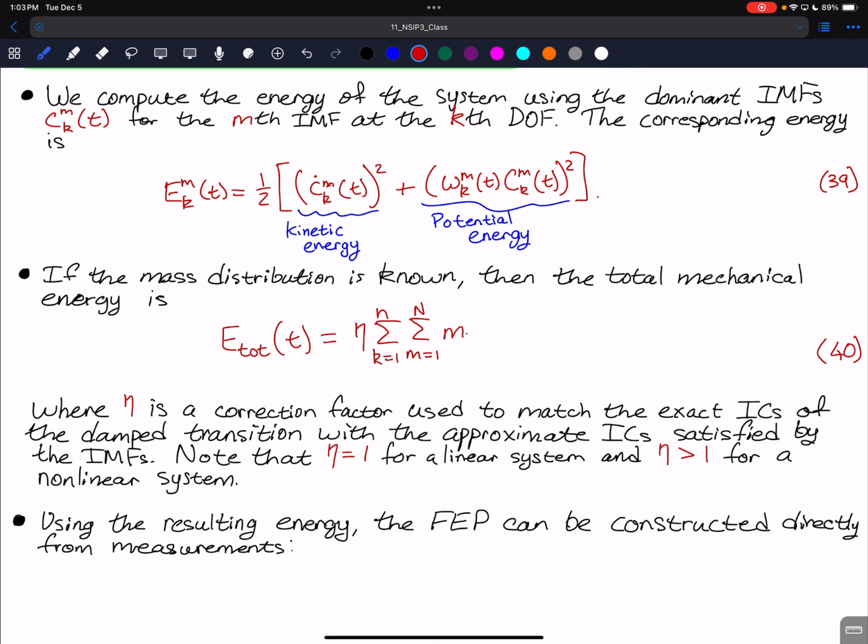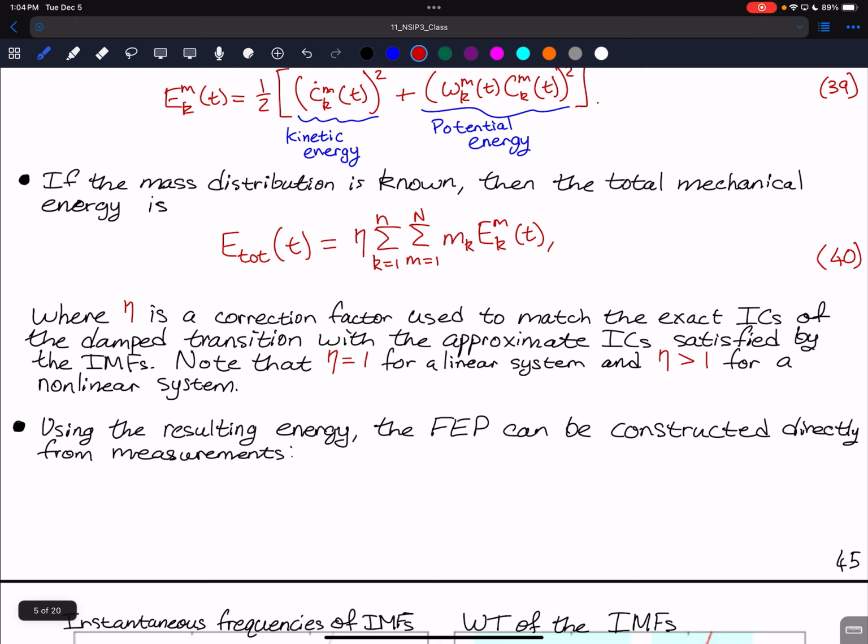Then the mass of the coordinate k, M sub k, times the energy E sub km of t. And here, this eta is a correction factor that's used to match the exact initial conditions of the damped transition with the approximate initial conditions satisfied by the IMFs. And for a linear system, you'll find that eta is equal to 1, and for a nonlinear system, it will be greater than 1. I personally have not computed this eta before, but I suspect that it would not be very difficult to compute with matching these initial conditions.